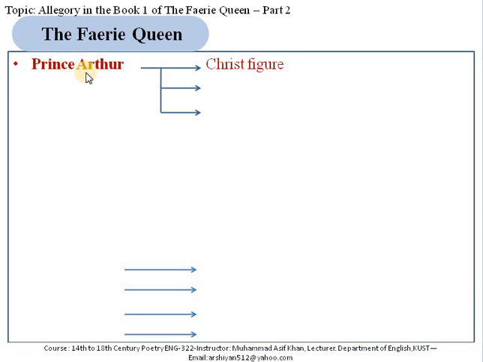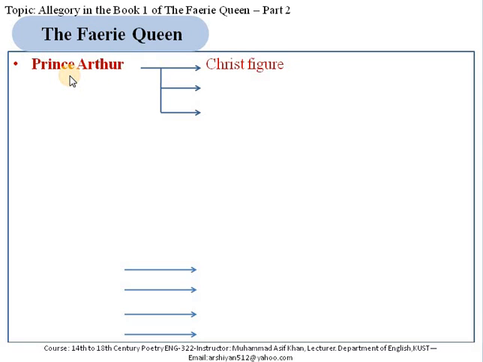On the first level, he is the hero of the whole poem, and Spenser basically tries to have him appear briefly in each book, usually to save the day when things look hopeless. Arthur arrives and he saves each and every knight of these six books.